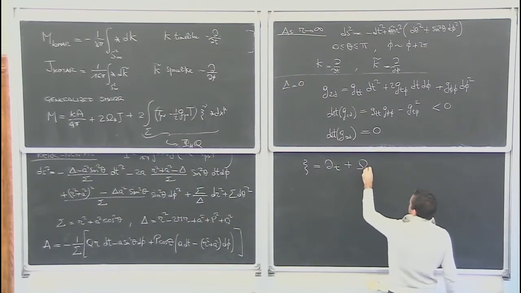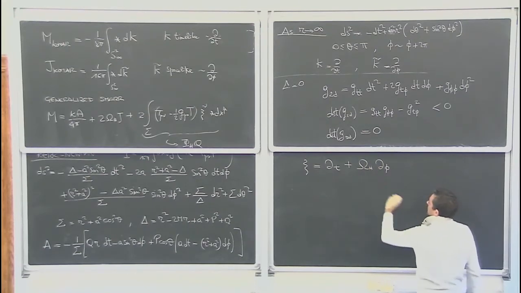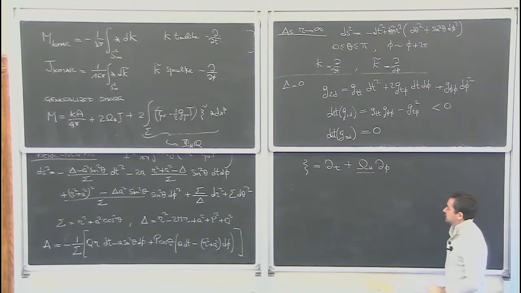But we said in general, it will be a combination of del t and del phi, and this constant needs to be determined. It's what we are going to do now.